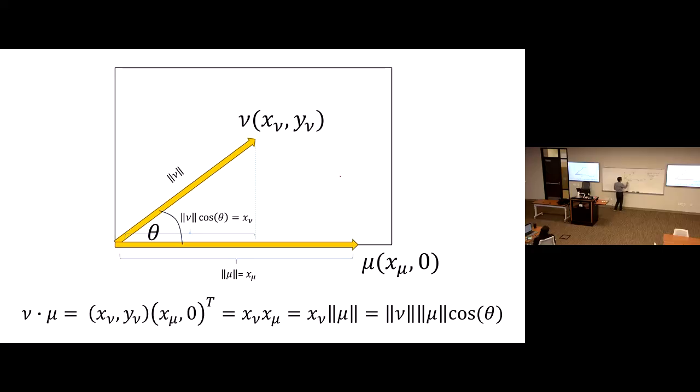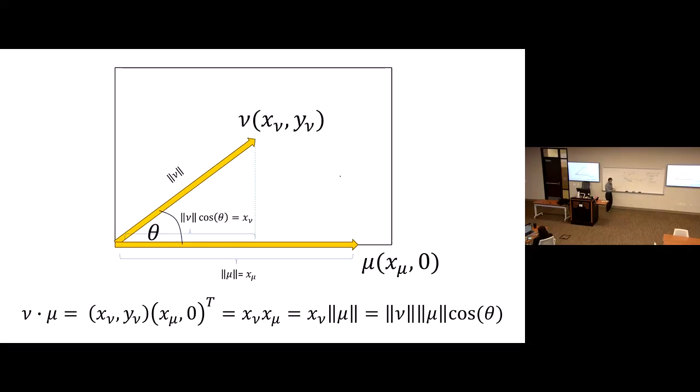Now we plug this back in to get the result: magnitude of v times cosine theta times u. So we convert this to that. That's our final result.